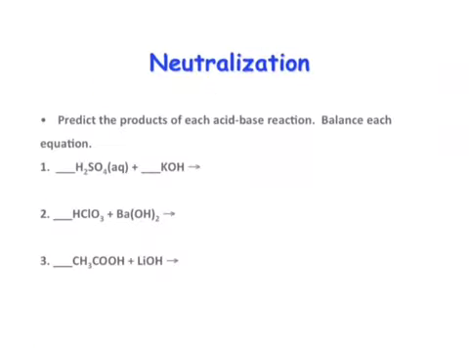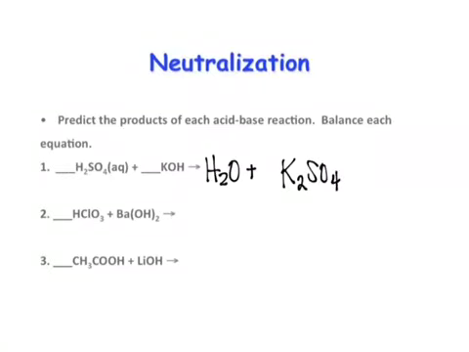We're going to do a couple of these. All right. Here we go. This says that it wants us to balance it. I'm not going to balance them unless you're having problems seeing what's going on. So what's one of my products? Water. And what's the other product? Potassium sulfate, so K2SO4.